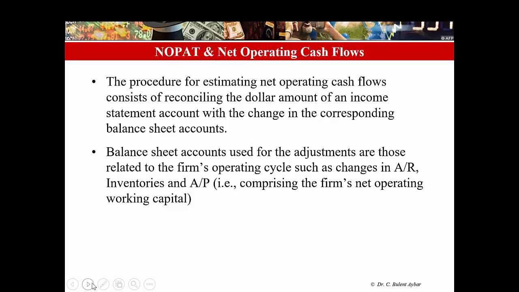So the balance sheet accounts used for the adjustment are those that are related to the firm's operating cycle, such as changes in accounts receivables, inventories, accounts payables, and accruals. Essentially, these are the items that make up the firm's net operating working capital.